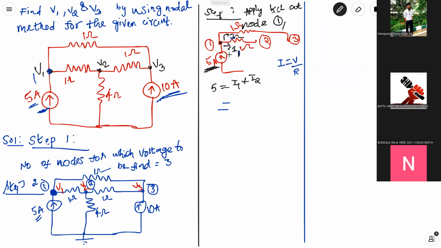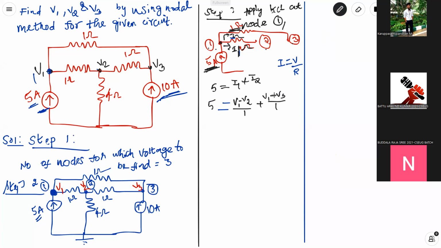Yes, perfect. Good. See, I1 is the current through this 1 ohm, which is connected between node 1 and node 2. So we can keep V1 minus V2 divided by 1, plus I2. I2 is the current through this upper 1 ohm, which is connected between node 1 and node 3, right? Then it has to be V1 minus V3 divided by 1, which is equal to 5.